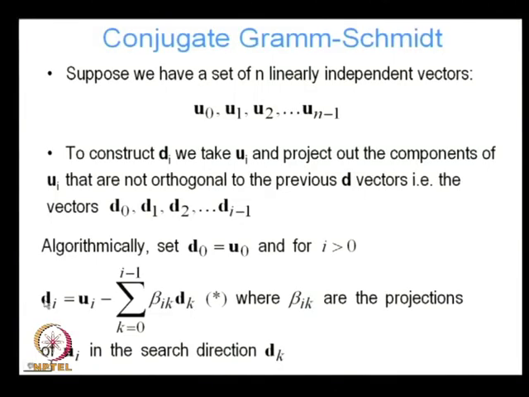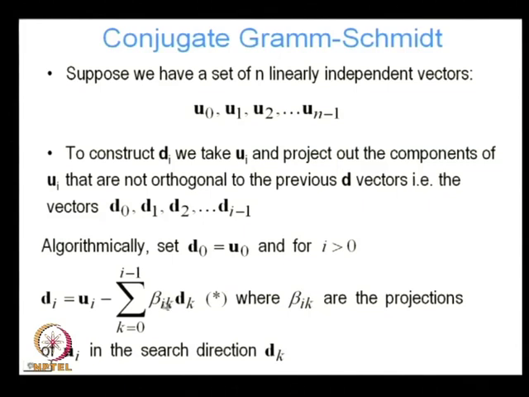So, let us look at this equation again. I will compute D2, but then I have to take this sum from k equal to 0 to 1, right. So, here what do I have? I have beta 2 1 d1 plus beta 2 0 d0, right.